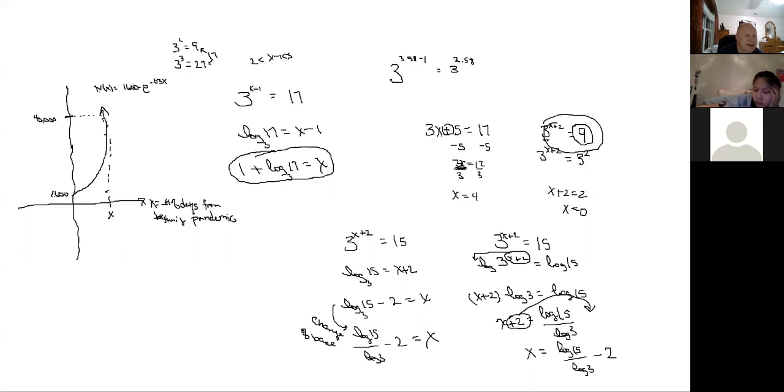So you would have 1,600 e to the 0.03x equals 40,000. And you have to solve for x. The first thing you would do is divide by 1,600.